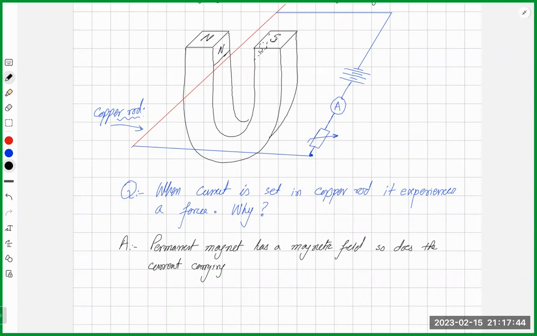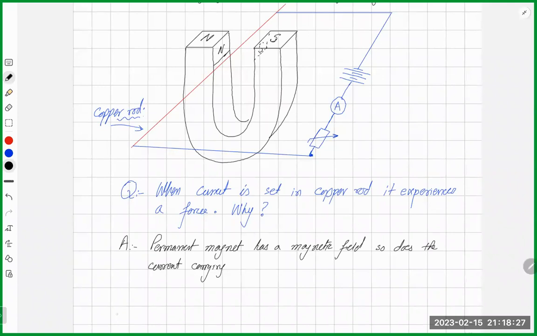Actually, if anything, it might become slower. But practically speaking, because the force that it will experience is in the perpendicular direction, there will be no effect on the speed. I hope you understand that if force acts in the direction of the charge, it should speed up. If force acts opposite to the direction of the charge, then it should slow down. But what if the force is acting perpendicular to the charge? Then it should not slow it down or make it go faster.